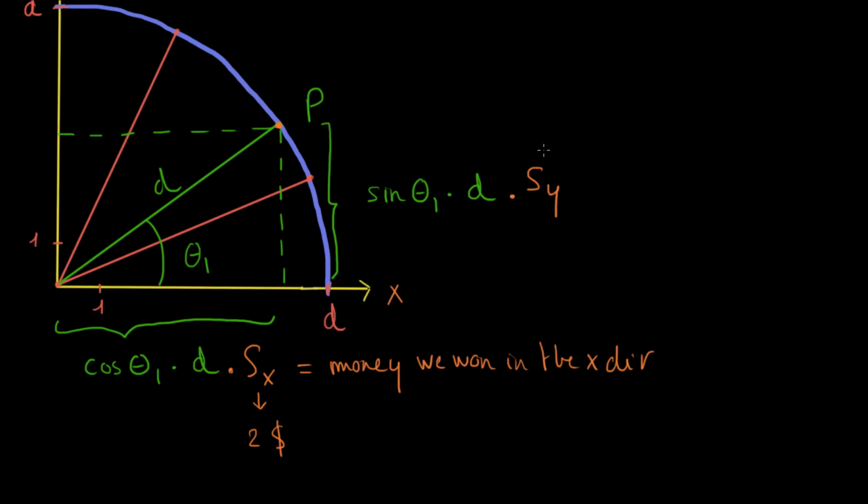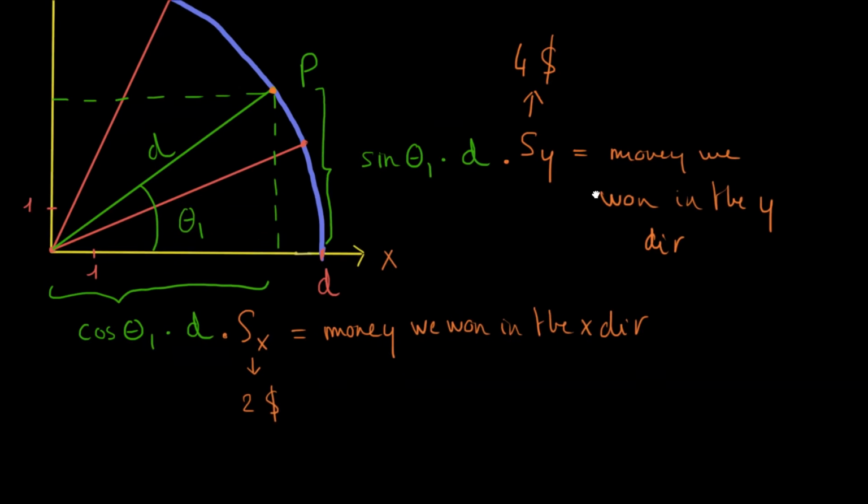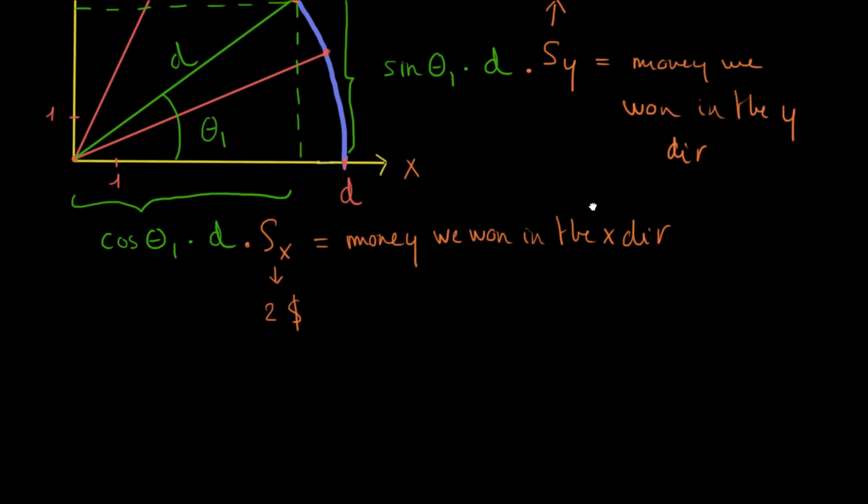I'm calling it S sub y, and we've defined it to be equal to $4. So this will give us the money we won in the y direction. So now, in order to determine the money we won by getting to point P, we just need to add those up.